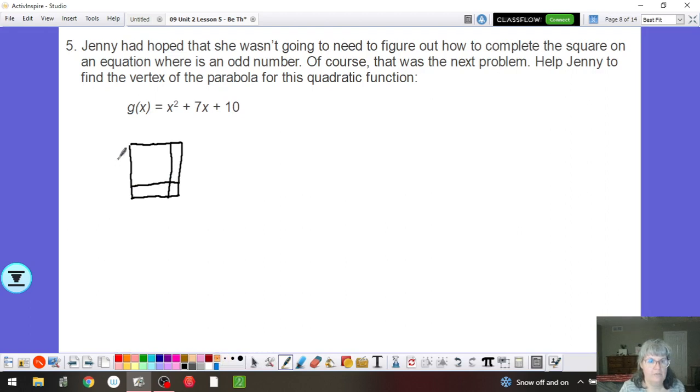We have x by x for our x squared. Now, these two rectangles need to be the same size. So we've always said, well, we need to divide b by 2. So 7 divided by 2 is 3.5.